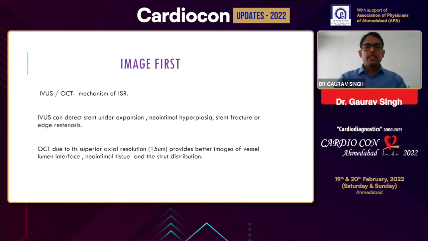IVUS can detect what is the problem with our stent, whether it is underexpanded, or there is neointimal hyperplasia, or there is an edge restenosis, or there is a strut fracture. OCT, due to its superior axial resolution, provides a better image of the vessel lumen interface, neointimal tissue, and strut distribution. So OCT is slightly better than IVUS for ISR evaluation.